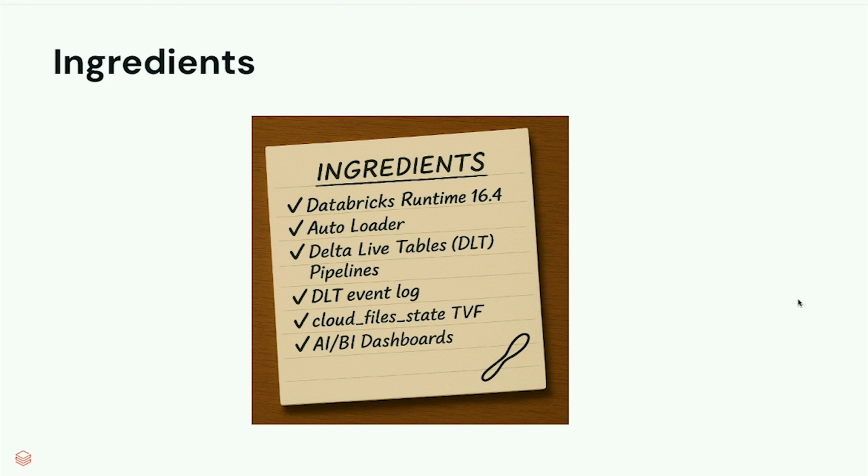We are going to use the DLT event log as a key ingredient for our observability. We're going to use the cloud_file_state table-valued function to get an insight of the state of file ingestion that's being maintained by autoloader. We're going to use the AI/BI dashboards for the presentation of our dish to make it visually appetizing. And we're going to throw in a little bit of monitoring ETL as a secret sauce to bind everything together.